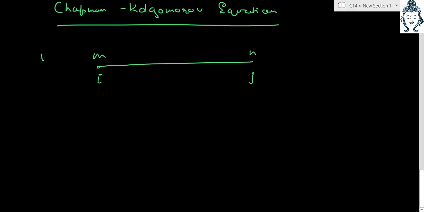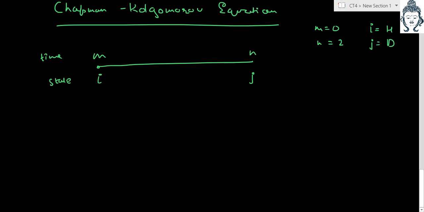Here I have represented my time, and here I have represented my Markov chain in these states. In the last example, m was time 0, n was time 2, because I wanted to get from time 0 to time 2, and my initial state i was healthy, and my final state j was dead.